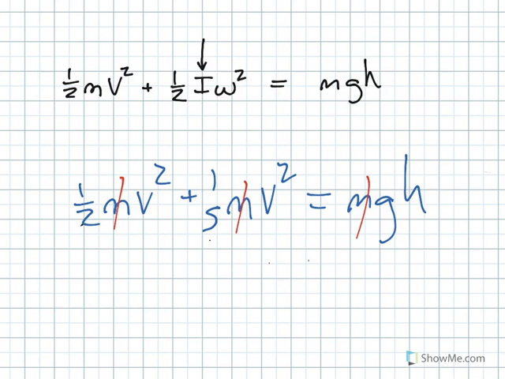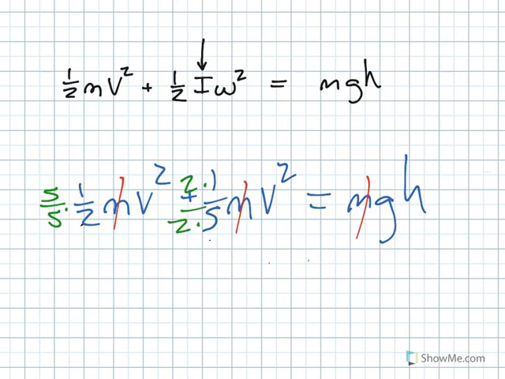Ugh, the last part. Adding fractions. Remember, we're solving for v at the bottom, ultimately. So let's see, 1/2 plus 1/5. Let's think about this. Common denominator. So let's multiply this guy by 5 over 5, and this one by 2 over 2.